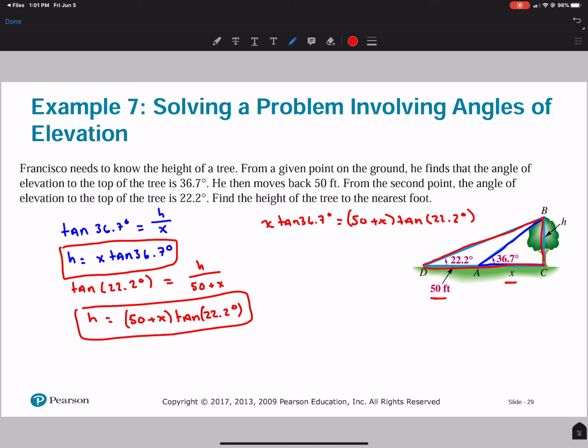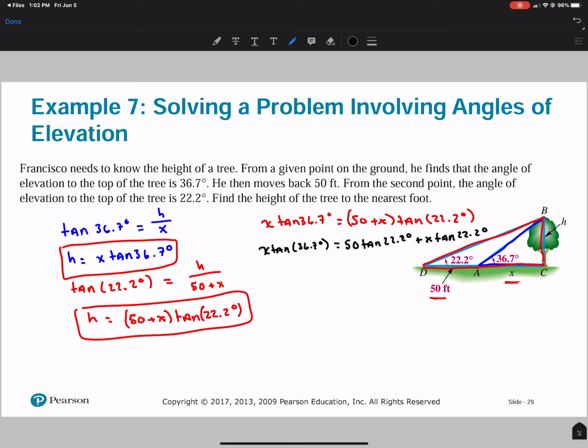So what I'm going to do is I'm going to go ahead and do my math. So this is just x times tangent of 36.7 degrees is equal to 50 times the tangent of 22.2 degrees plus x times the tangent of 22.2 degrees.